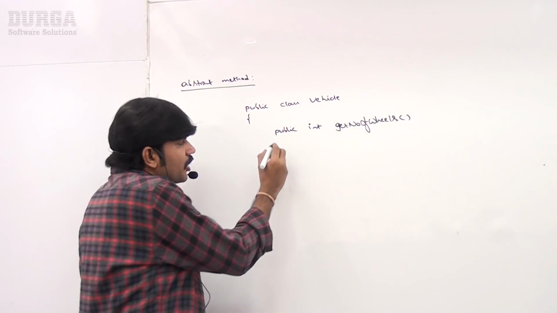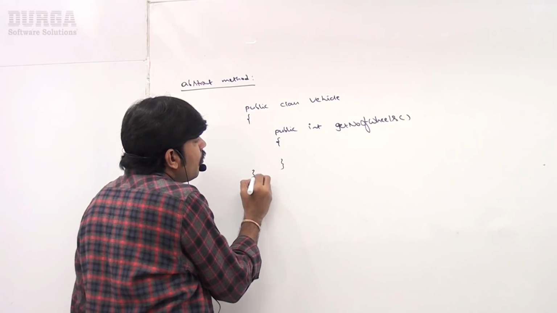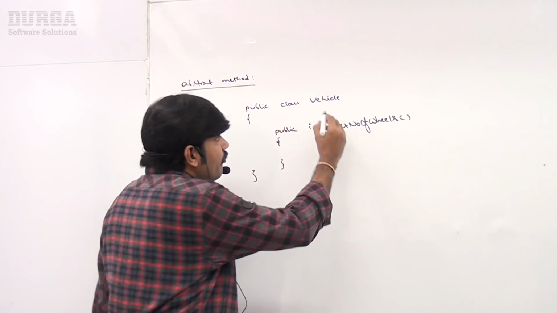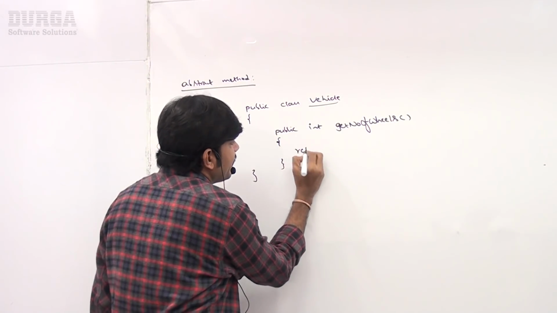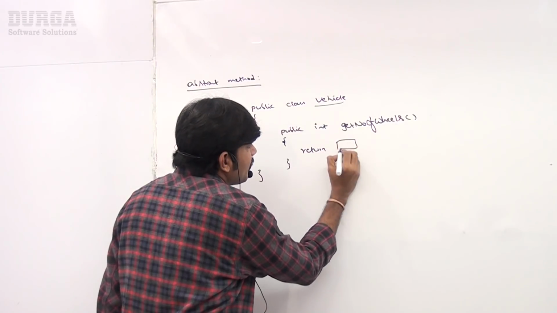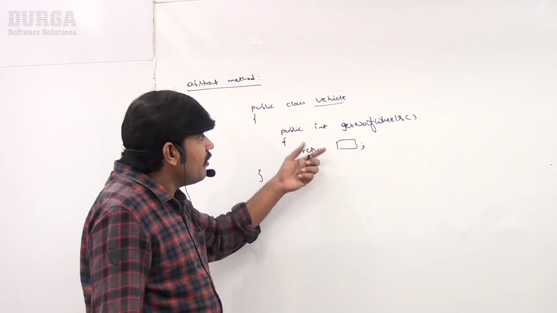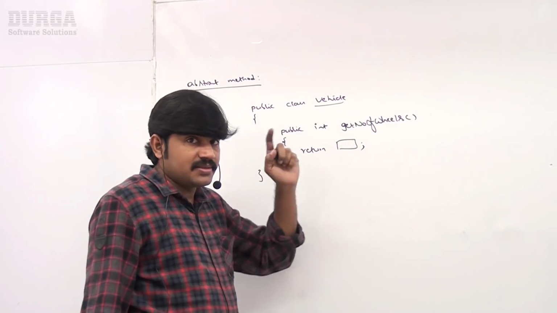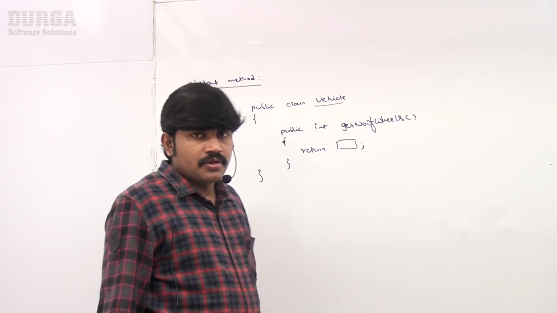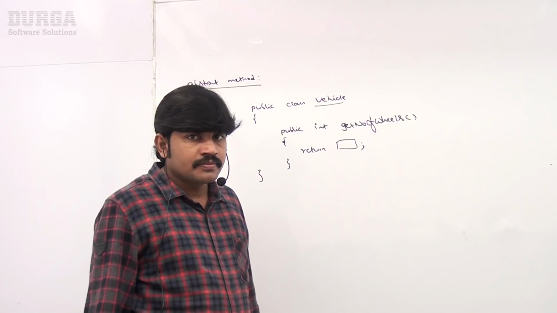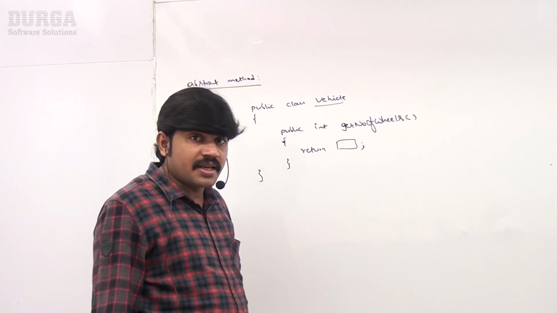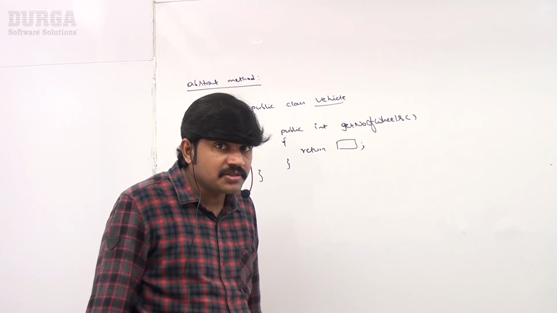Assume, can you please tell how many wheels a vehicle has? I have to return some number. How many wheels does a vehicle have? Can you spell it out?